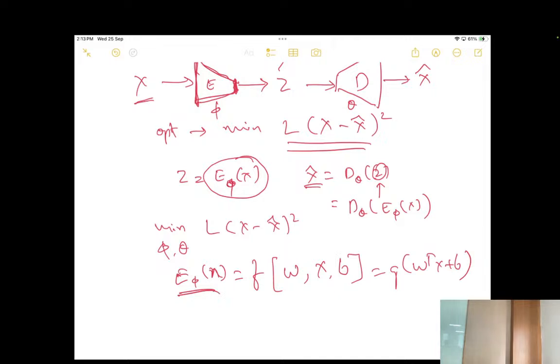People call it theta transpose X plus B or W transpose X. Here it will be G of phi transpose X plus B. What are phi's? Phi's are your weights.